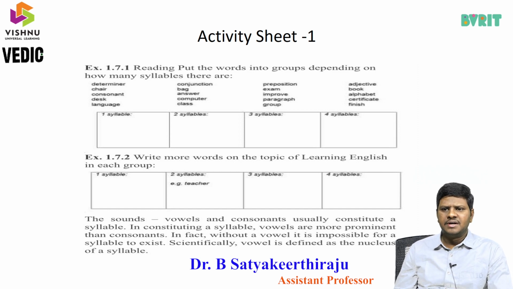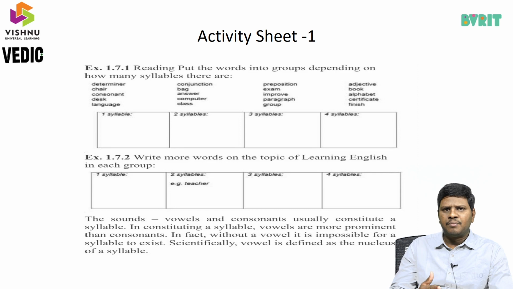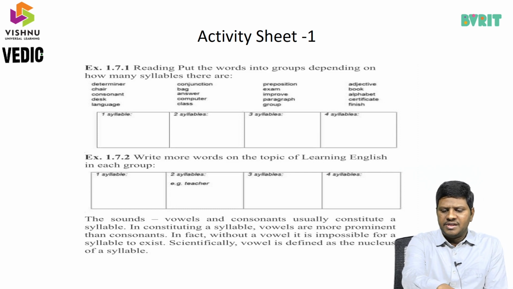Okay, we can find it consists of mono, di, tri, and polysyllabic words. Then they have to identify whether that word has one syllable, disyllable, or trisyllable, something like that. Then they have to write down in the box.